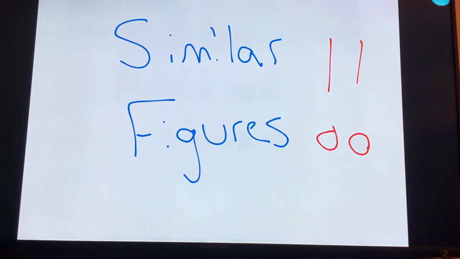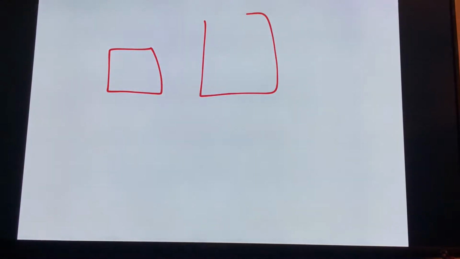Alright, so on page 369 we're going to talk about similar. It says, two figures that are similar mean they could have the same shape, but maybe they're not the same measurements. So what does that mean? Well, if we were to have a square, for instance, because I'm pretty good at drawing squares, it's fair to say these are both what?